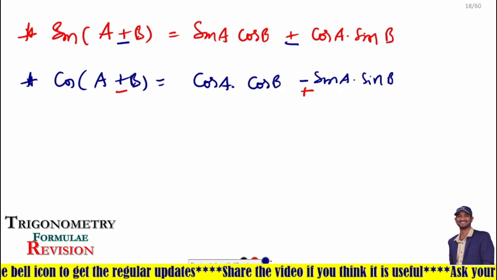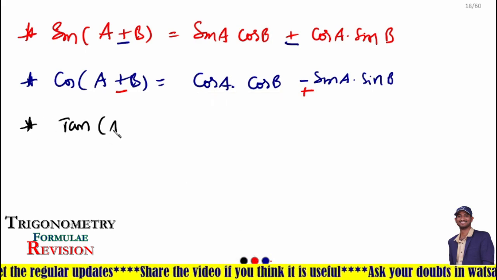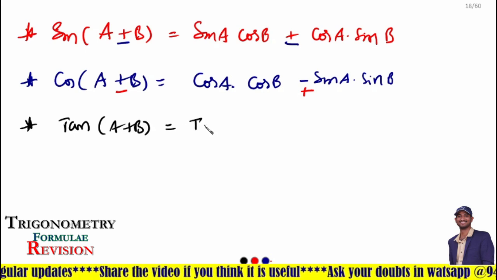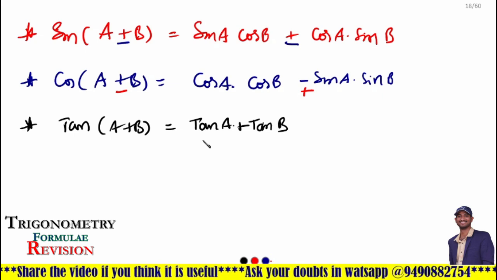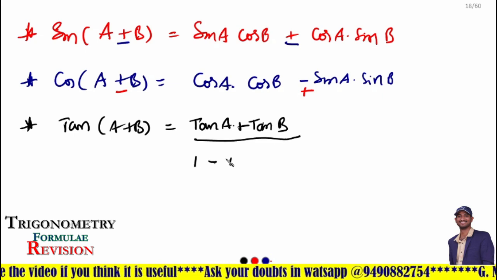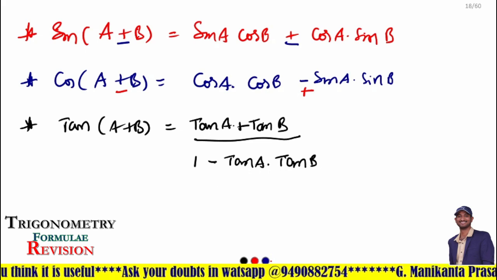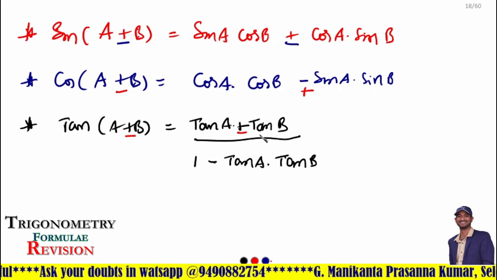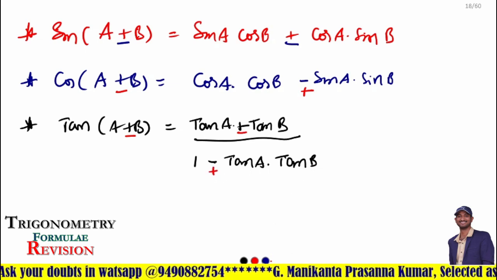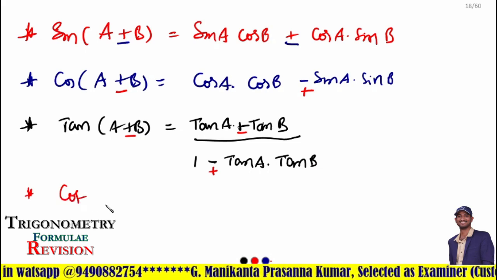Similarly, we have other formulas also. Tan of a plus b is equal to tan a plus tan b by 1 minus tan a tan b. Observe the addition and subtractions. Similarly, tan of a minus b is tan a minus tan b by 1 plus tan a tan b. And next, cot is also important.